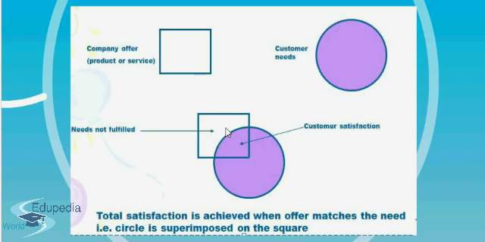It means my offering, my goods or services, has completely catered to the expectation of the customer. And as I did that, my customer is very happy, very satisfied with my performance. So this is the T-Ball model, the customer satisfaction model. Okay, moving ahead.